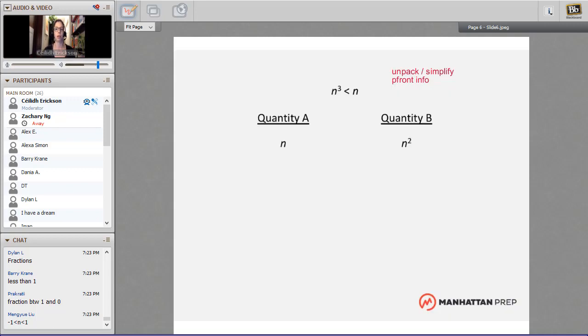now when we go back to here, n versus n squared. So what's a number that we could test here? Yeah, let's try -2. So what happens when we square -2?